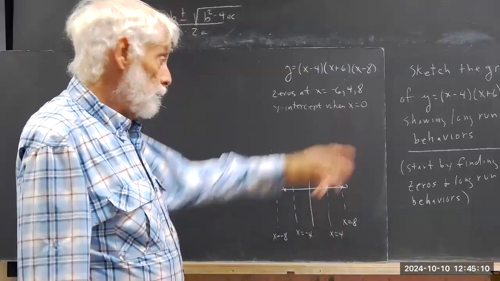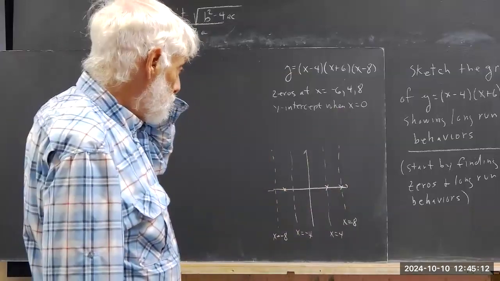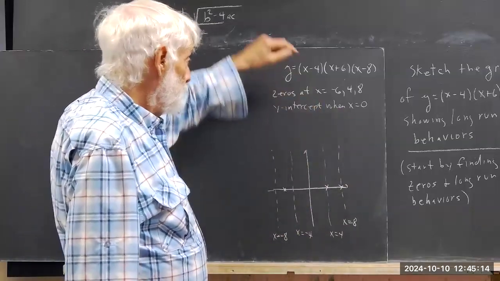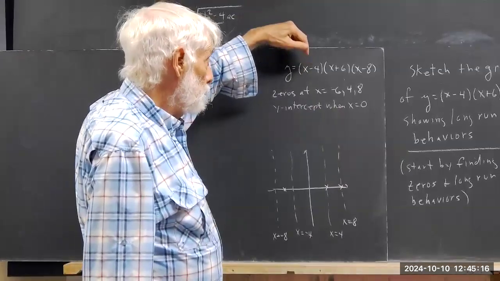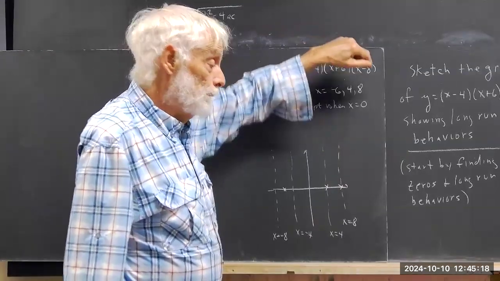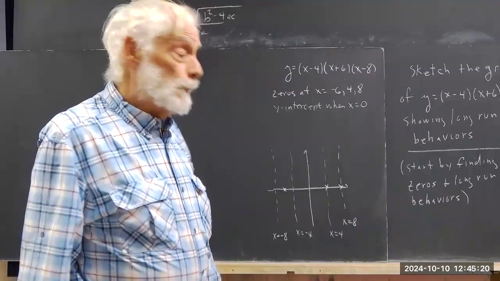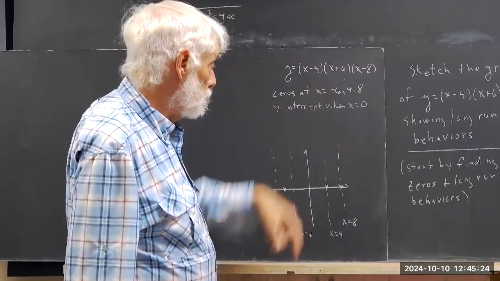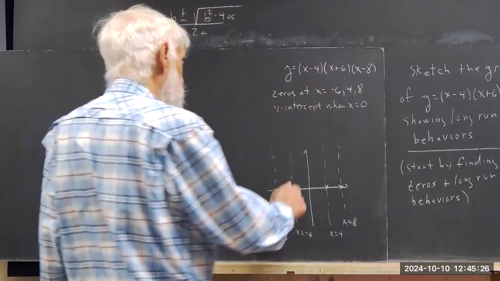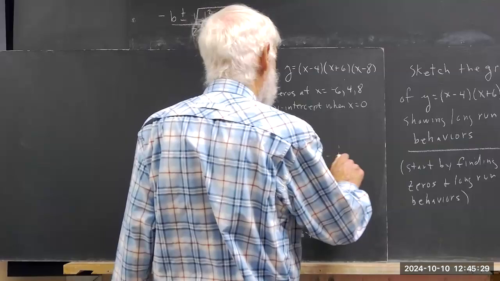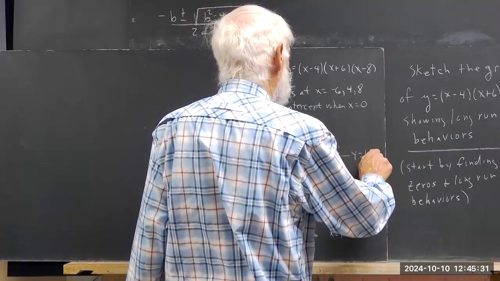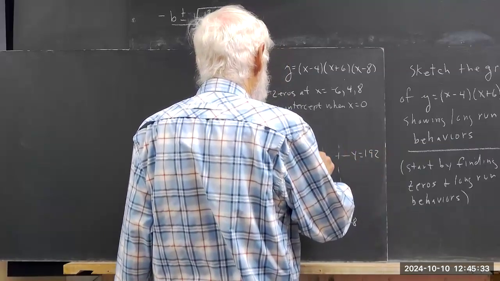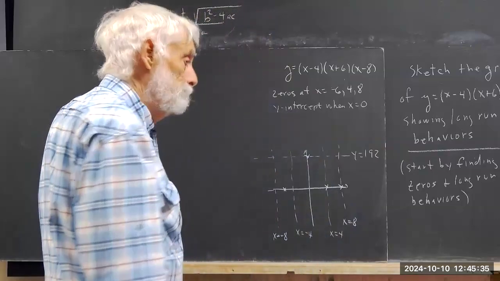I didn't ask you to do it, but if you're going to do the graph, you would do it. So if you let x equal 0, you end up with 4 times 6 times negative 8, right? Well, 4 times 8 is 32. You've got two minuses, so it's going to be positive. 32 times 6 is 192. So here you've got y equals 192, and you've got the y-intercept.